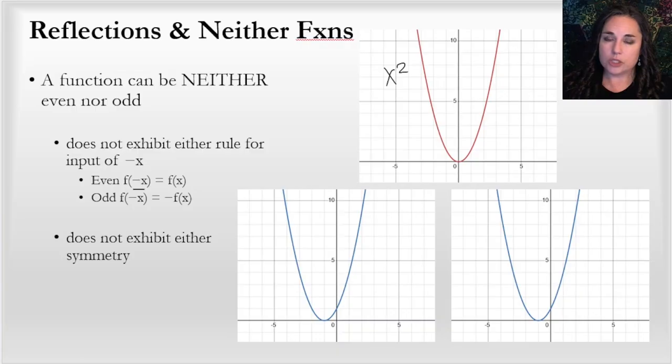If I wanted to look at a similar function that may seem like it's even, but is not even, I can take this function and just shift it over. This graph, I shifted over to the left one. So this function is going to be x plus 1 squared. Remember that it's minus negative 1, so you get a plus 1 squared in there, right?